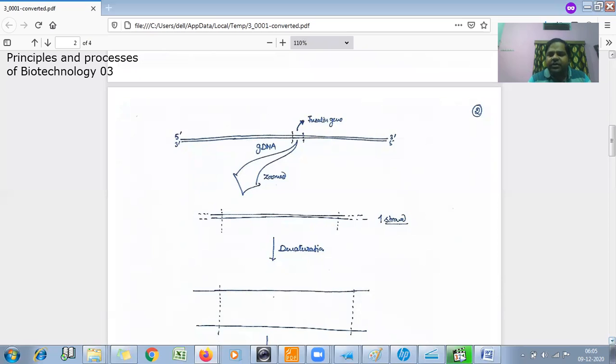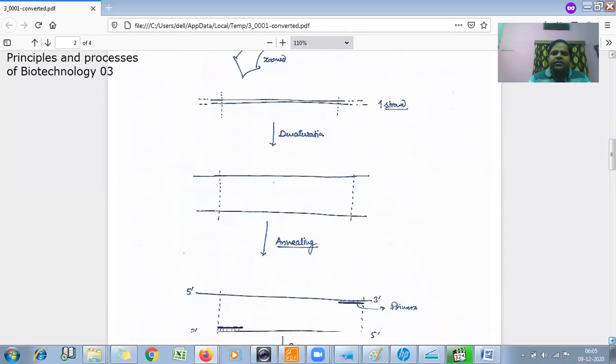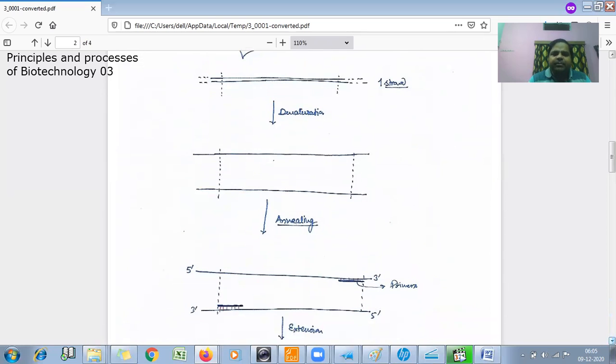And this is one strand of genomic DNA. So what happens when we provide denaturation, means 94 degrees centigrade, then the hydrogen bonds between both of the DNA strands will be broken. Now we can see both of the strands have been separated here. Now we will provide another temperature, annealing, and generally it is around 60 degrees centigrade.